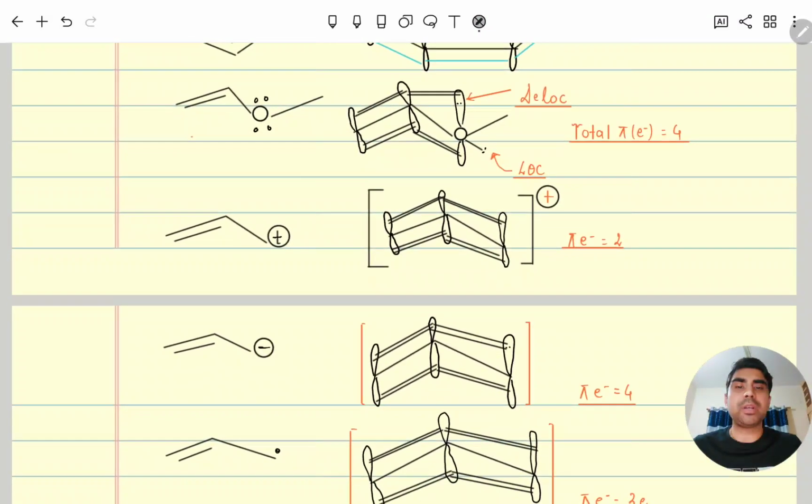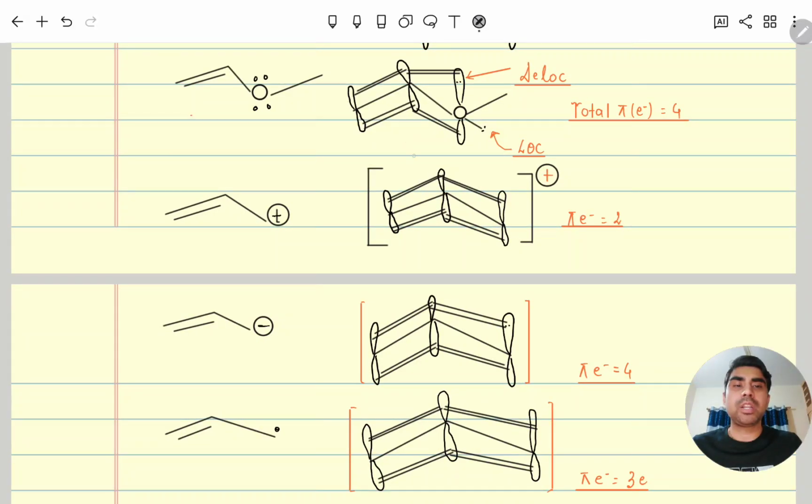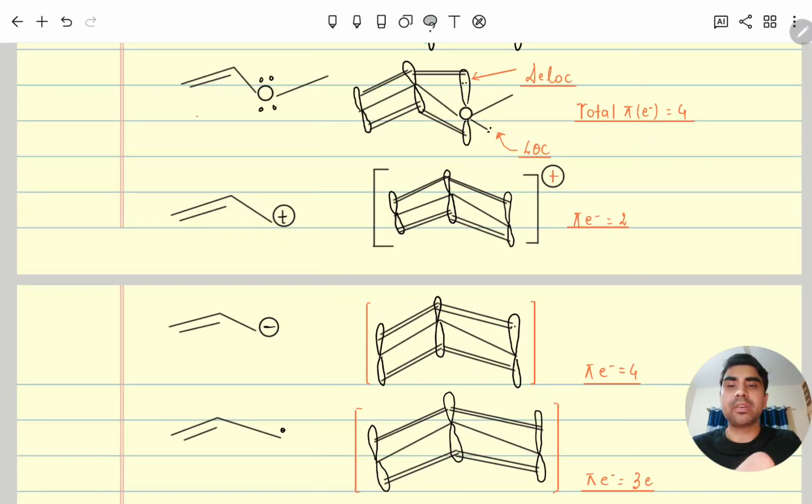Clear? Resonance hybrid. Moving further, here also one lone pair will be delocalized and one lone pair will still be in localized form, only in the hybridized orbital. So electrons move from high electron density to low electron density.